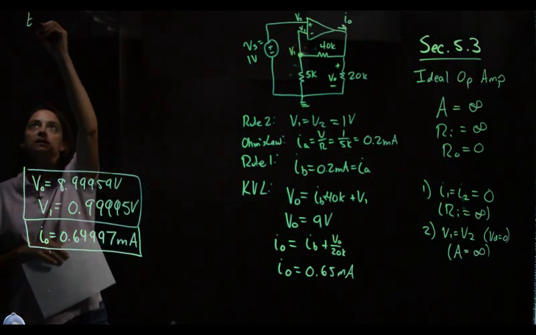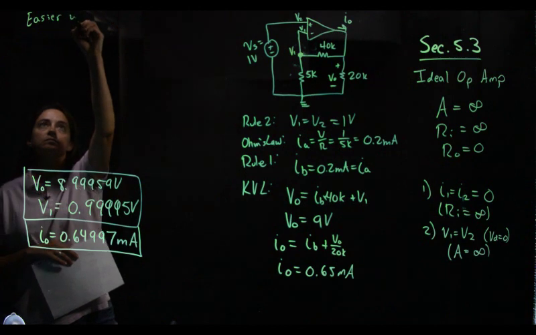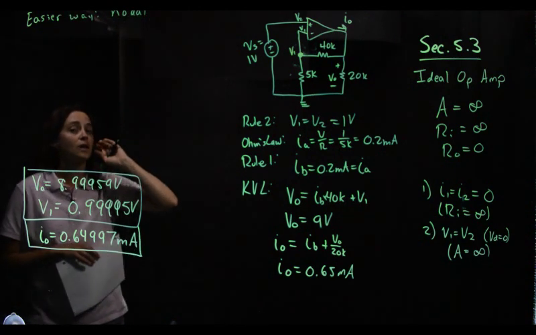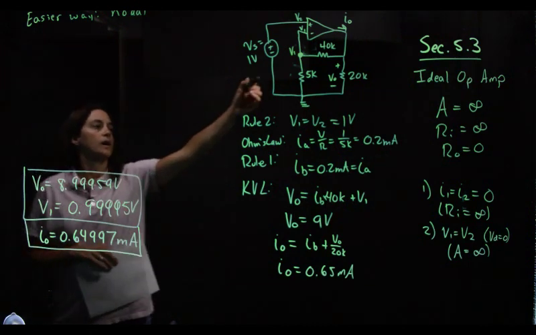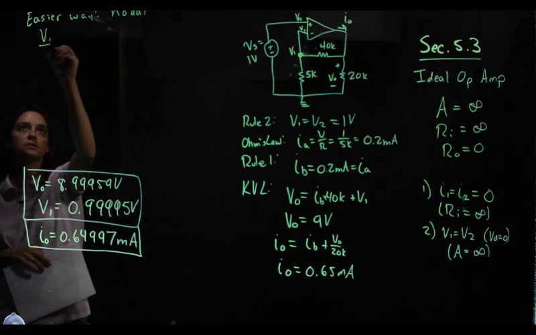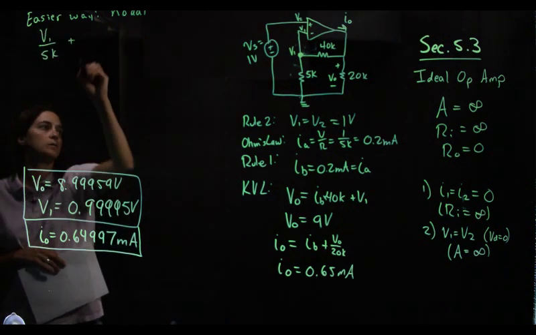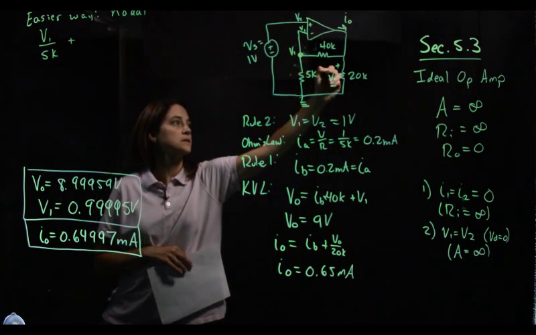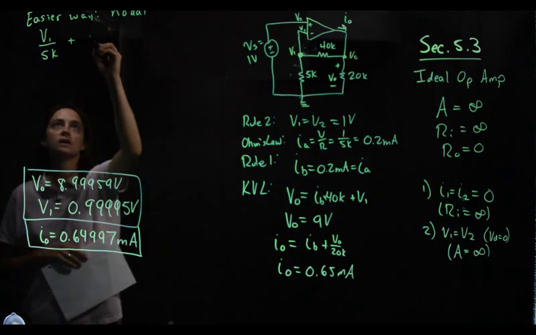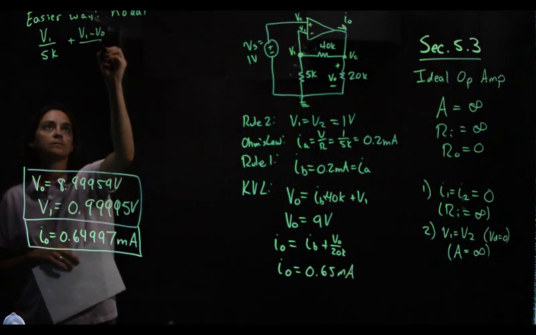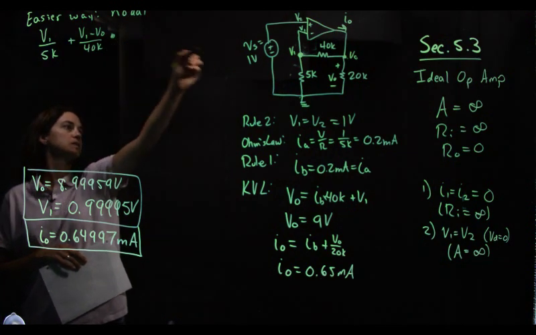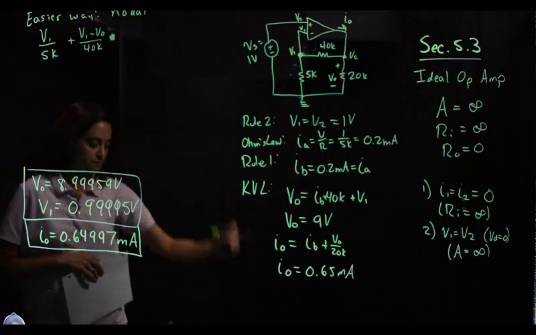So this is an easier way. Use nodal. And you can use nodal on any op-amp problem. All right, so I have V1 minus 0 over 5K. So V1 over 5K plus V1 minus, well, this is V out, or VO. So V1 minus VO over 40K. And that's all, right? That's the only two branches coming off of V1.